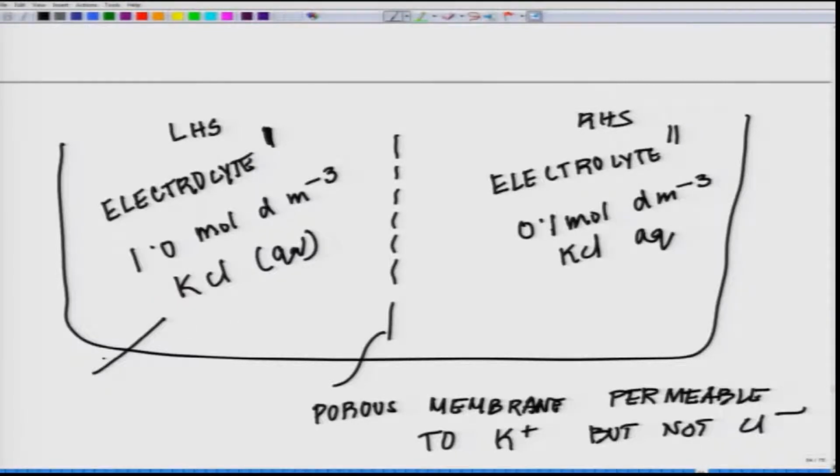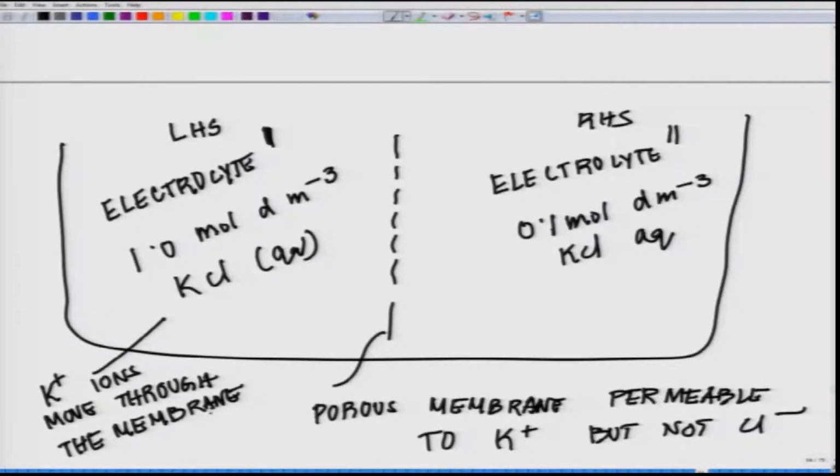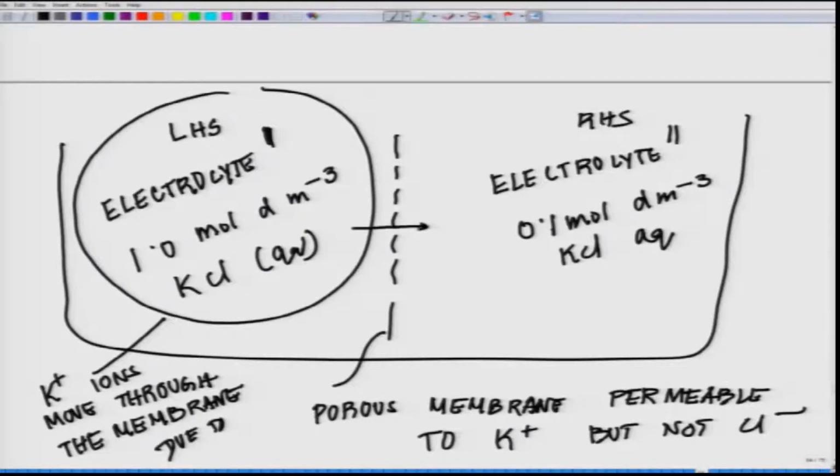Now, out here the potassium ions move through the membrane due to the concentration difference, because on this side you are having a higher potassium. So, theoretically speaking, by concentration gradient they should move in this direction, due to concentration difference or gradient, whichever way you want to put it.